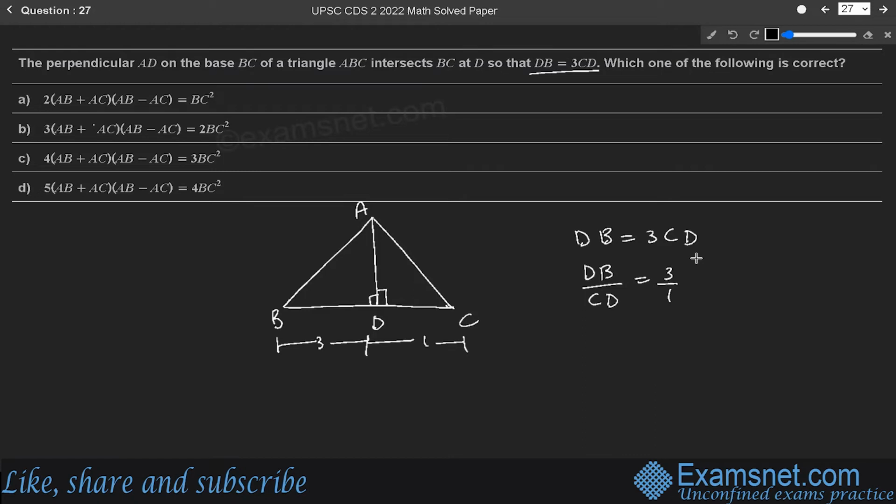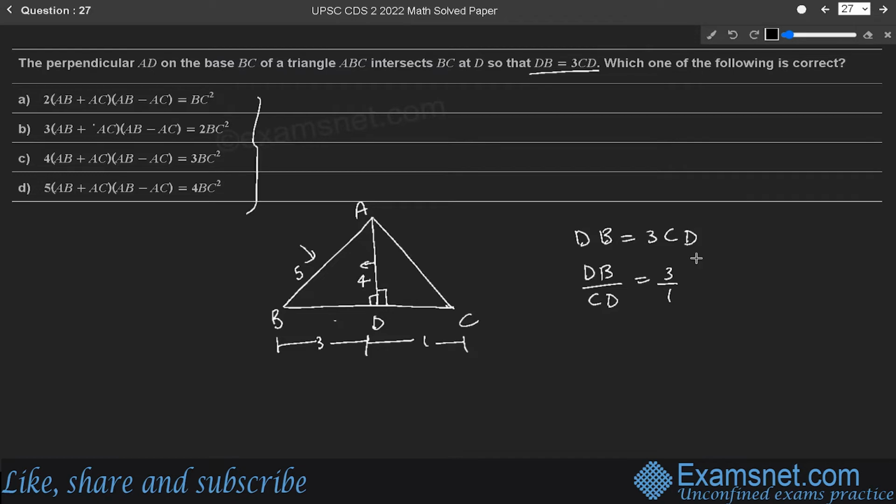Since there are right angle triangles, means there will be triplets. See, the value of base is given, but we don't know perpendicular and the hypotenuse. So we have to let some value here. Suppose we can let the perpendicular is 4, and according to the Pythagoras theorem, then the hypotenuse will be 5. See, you can take any values here. It is up to you. You just have to satisfy these equations.